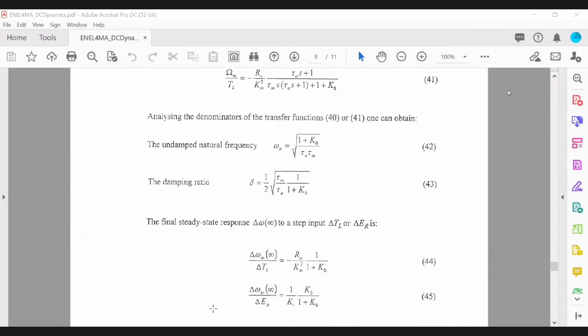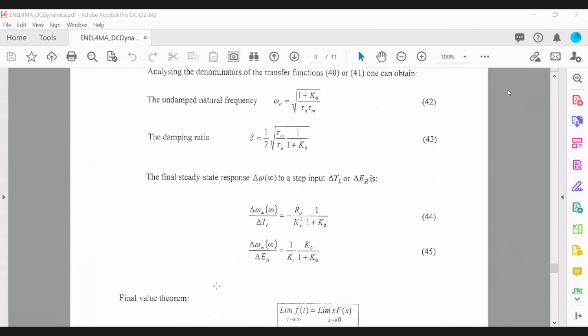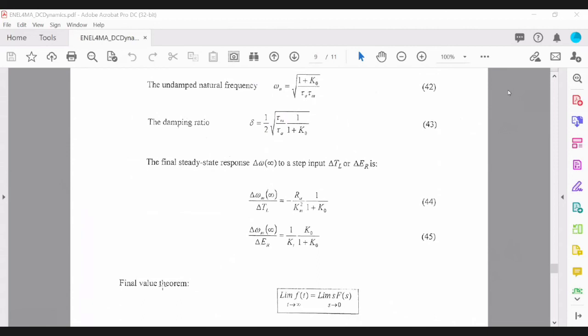So how do we get the final steady state response of the system? We use the final value theorem in this expression.